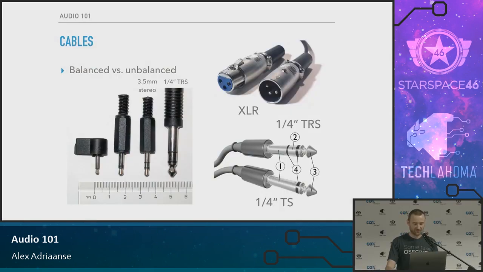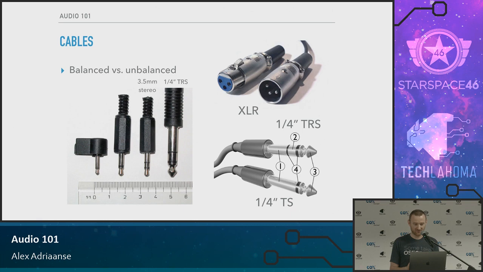All right. One other thing, cables. In professional audio, they have something called balanced cables, which is really cool. The most common cable for carrying a balanced signal is the XLR cable, which you can see right here. The XLR cable has 3 pins: one is ground, one is hot, and one is cold.